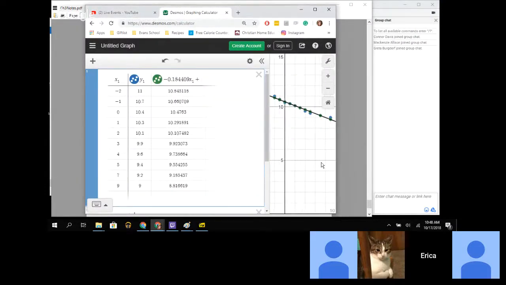Now this is my original data, and the green represents the linear equation that I made. When x equals -2, my actual data says it's 11, my regression would tell me it's 10.85. When x equals -1, my actual data is 10.7, my regression would give me 10.66. So pretty close, right? At 0, 10.4 versus 10.47.